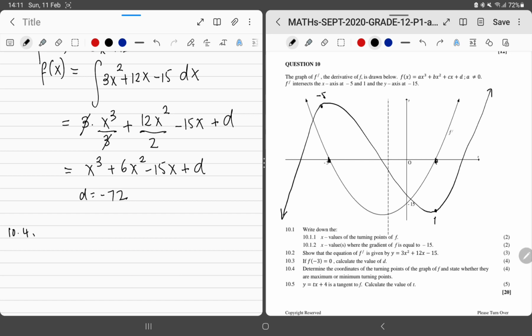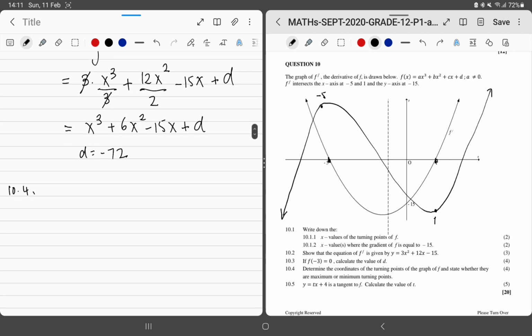10.4. Determine the coordinates of the turning points of f and state whether they are a maximum or minimum turning points. We said the function will follow the IDI. So it increases, decreases, and increases. For the first turning point, we have x is equal to -5 because it's there. And then we're just going to substitute.